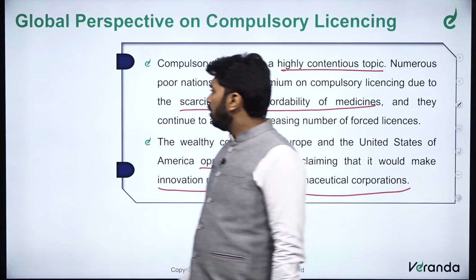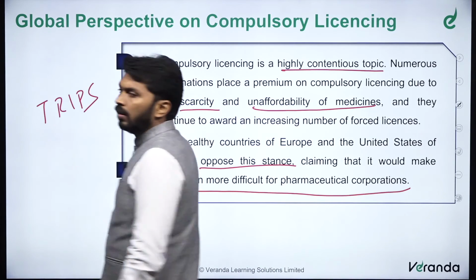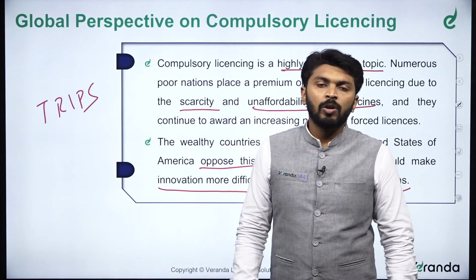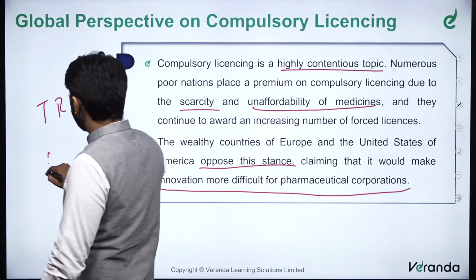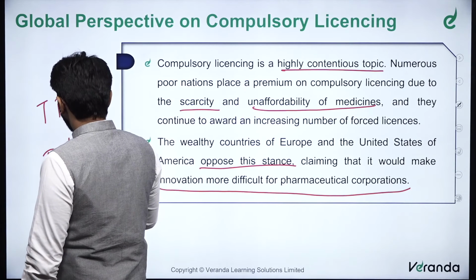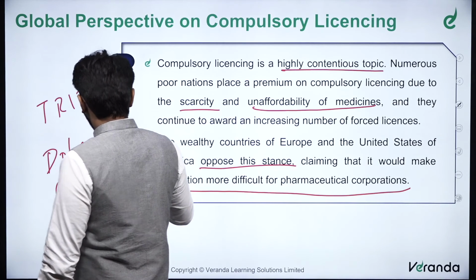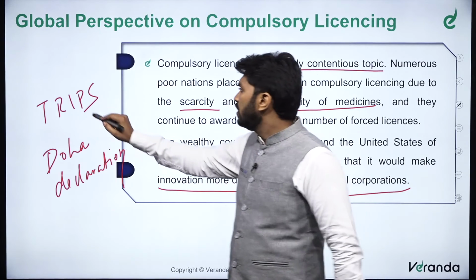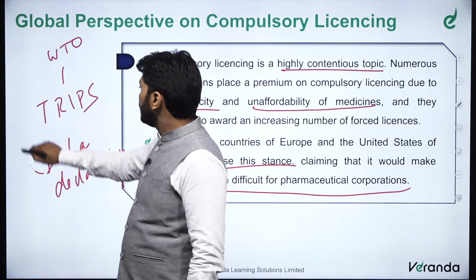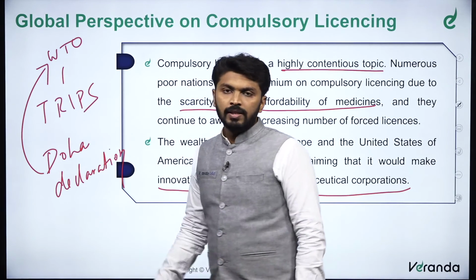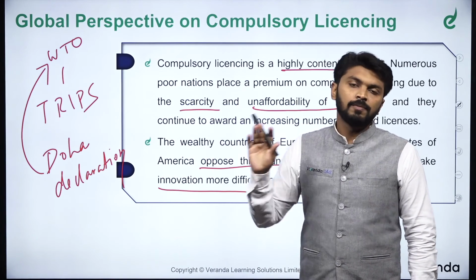There is an agreement called TRIPS, the Agreement on Trade Related Aspects of Intellectual Property Rights. There is a Doha Declaration. This TRIPS is an initiative of the WTO. The Doha Declaration of the WTO states that countries are free to issue compulsory licensing.